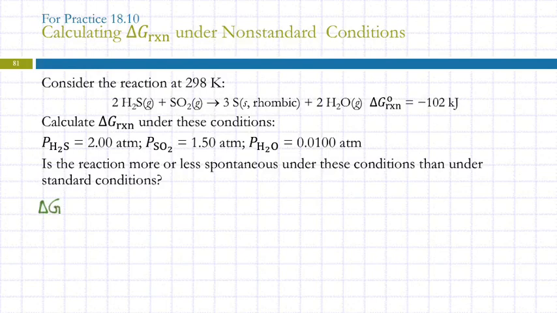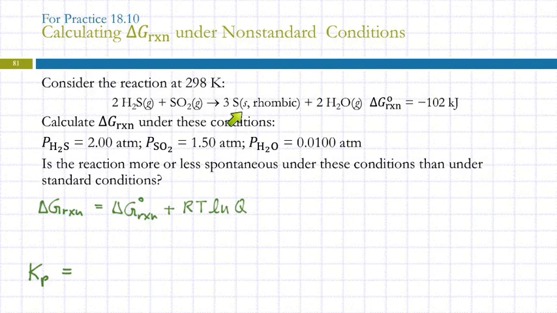So delta G is going to be delta G standard plus RT natural log of Q. What's Q? We have to calculate it. So we're going to look at the balanced chemical equation and ask ourselves, well, what would Kp, the equilibrium constant using pressures, be?